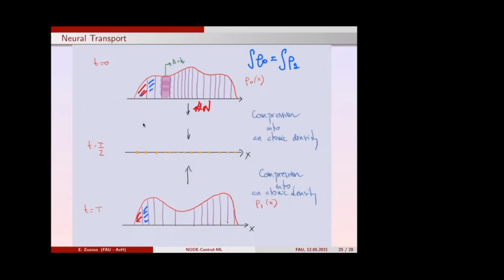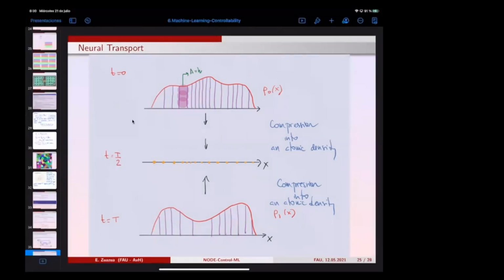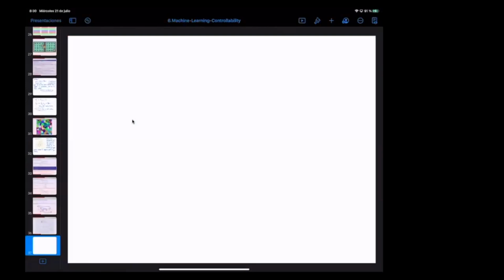I can do it forward, and then I can also do it backward. Why? Because the ordinary differential equation is time reversible, right? This is the great thing of dynamical systems that are time reversible. This is a trick that is often used in practical applications, so let me just make this small comment.